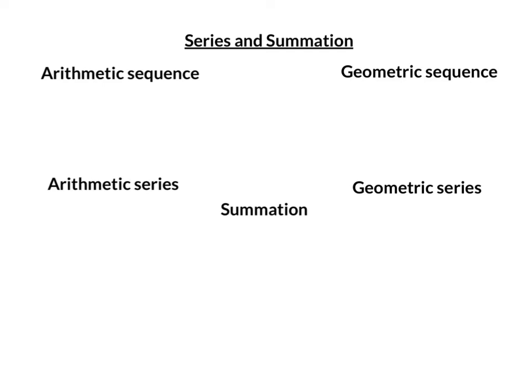Series and summation. You may remember from earlier in the year and from Algebra 1, we talked about arithmetic sequences and geometric sequences. An arithmetic sequence is formed by addition. A geometric sequence is formed by multiplication.